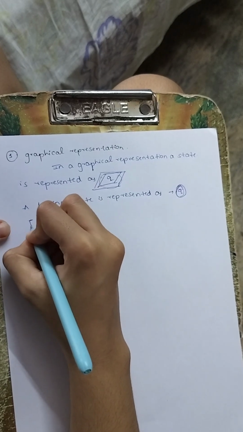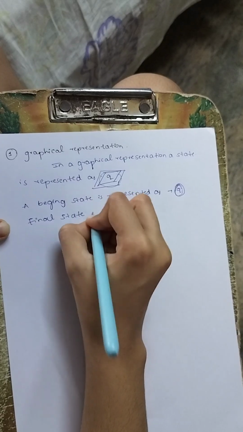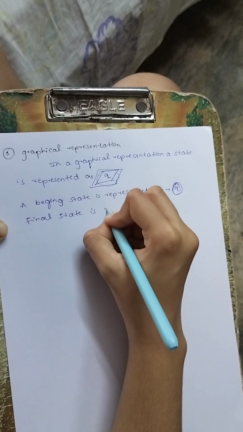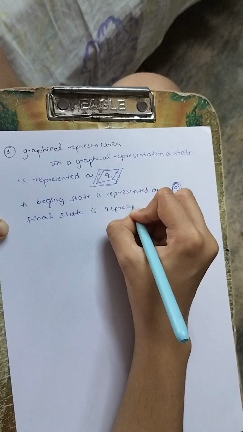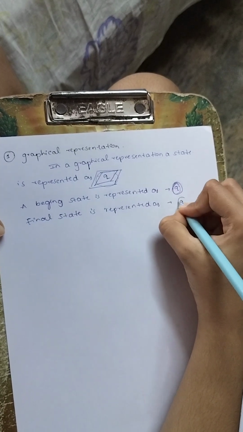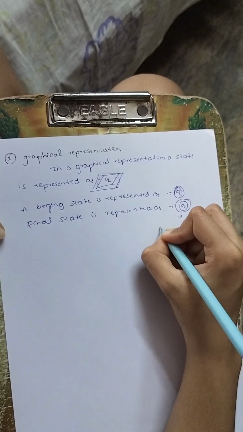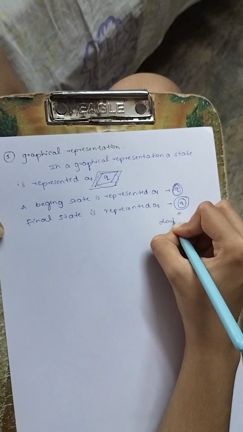But the final state, we are gonna represent as a double circle. So we mention here a double circle.